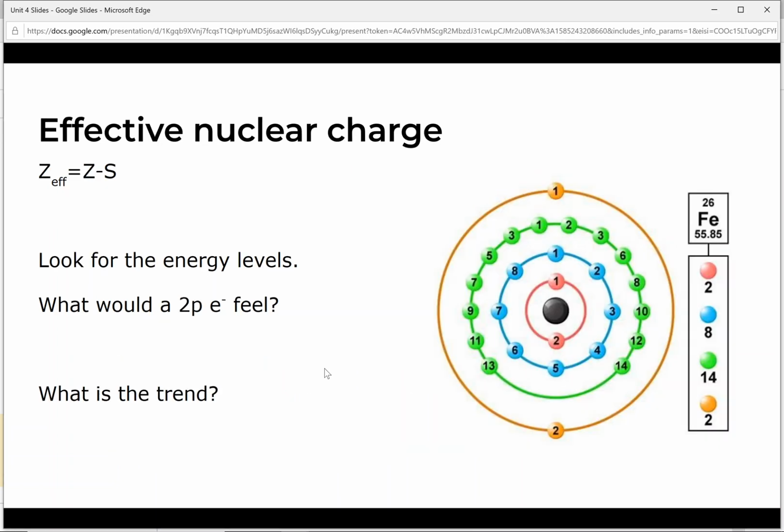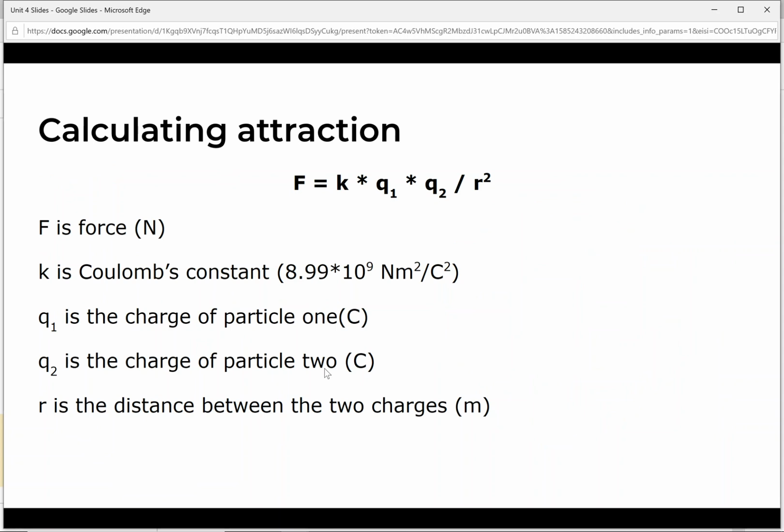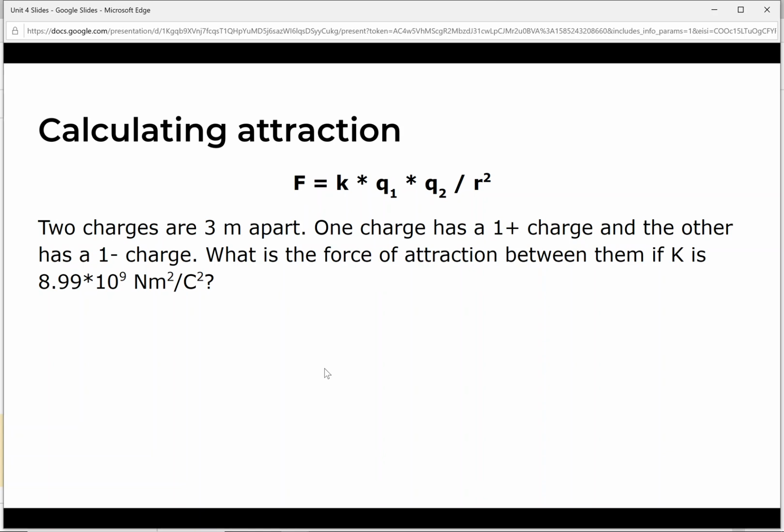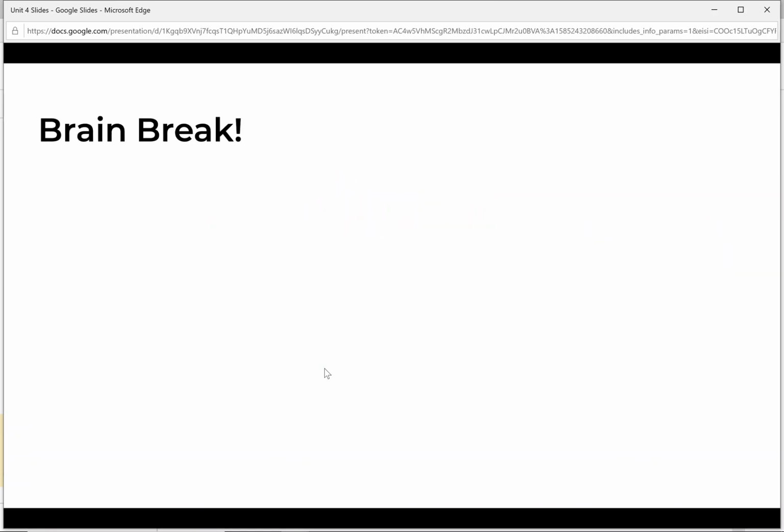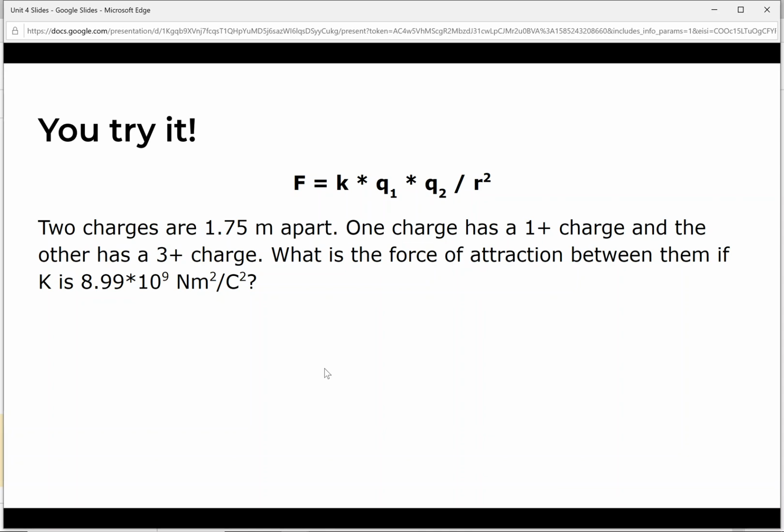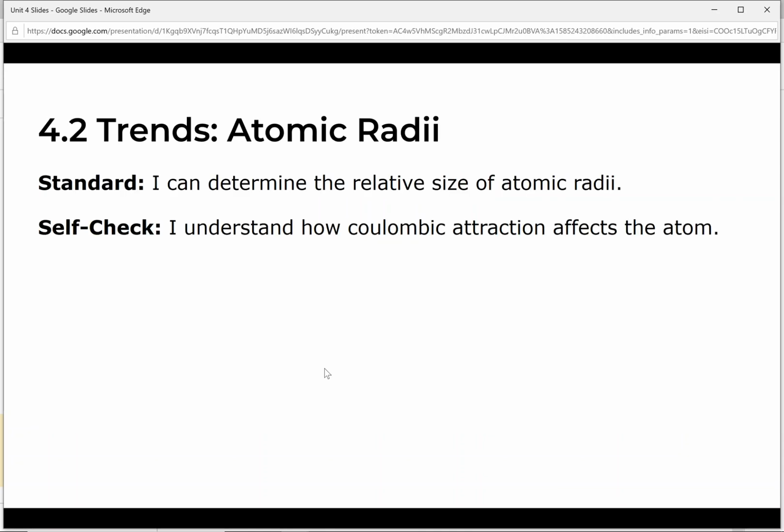I go through this a little bit more. If you want to calculate the effective nuclear charge for a 1s electron or a 2p electron, we're not going to deal with calculating attraction either. It's just not something we need to spend our time with.